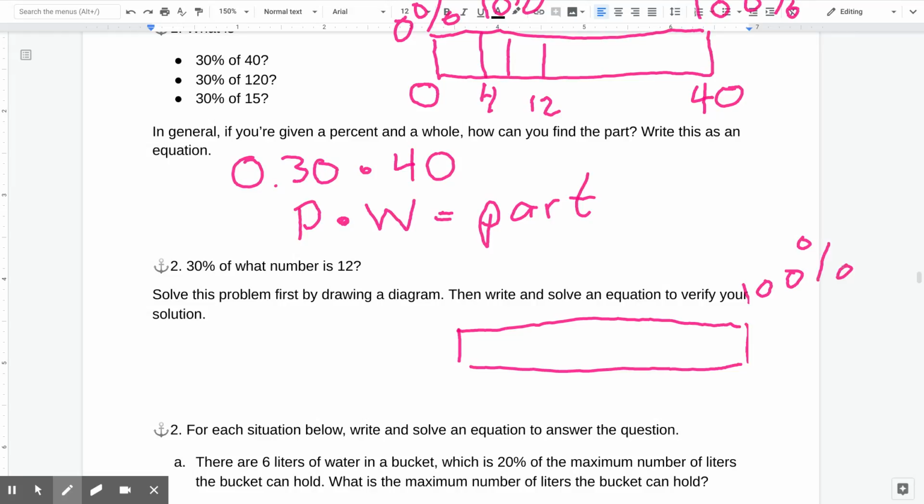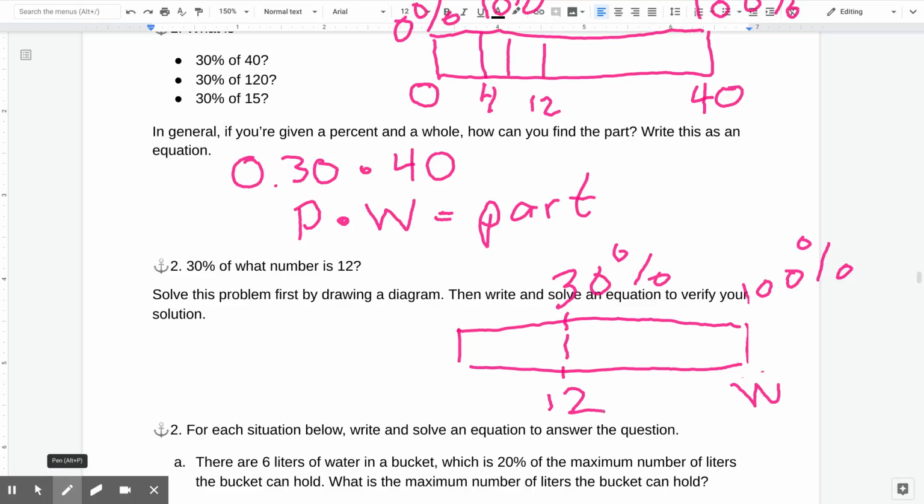In this case, we want to find 30%, but we don't know what number, so I'm just going to call that n. Or better yet, I'm going to call this W for the whole. Now I know that this corresponds to 12.